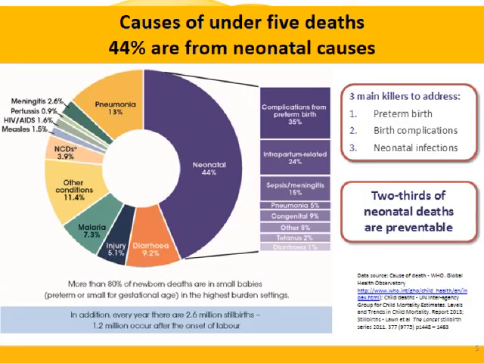So given that newborn deaths make up around 44% of under 5 deaths globally, and in many countries it's more than 50%, for countries to meet their goals for the reduction, they must focus much more on saving newborn lives. The 3 main causes of newborn deaths are preterm birth, birth complications, and neonatal infections.